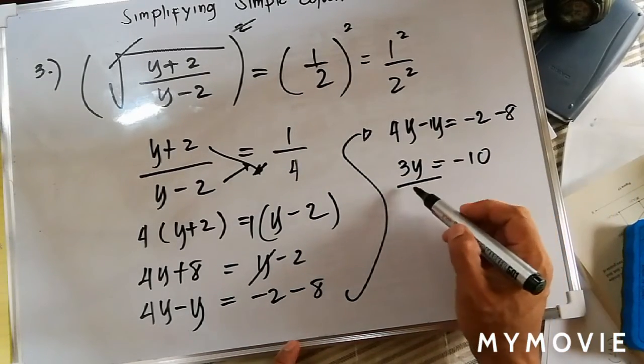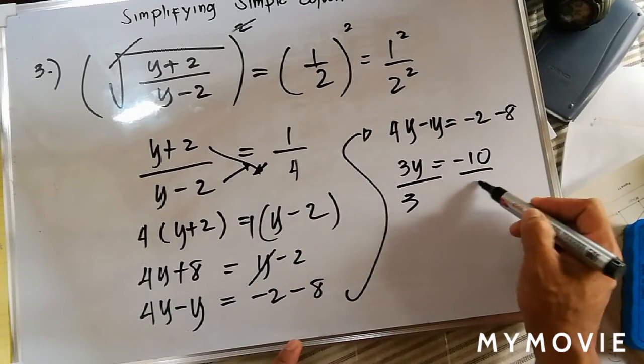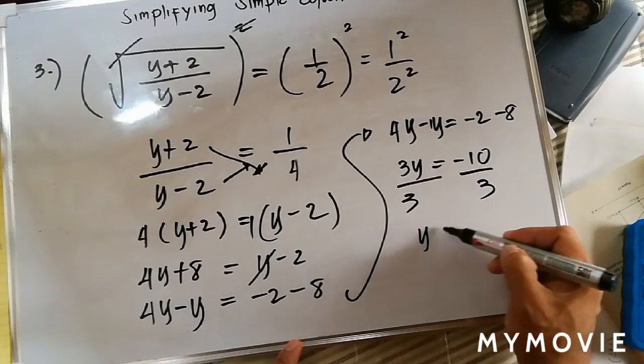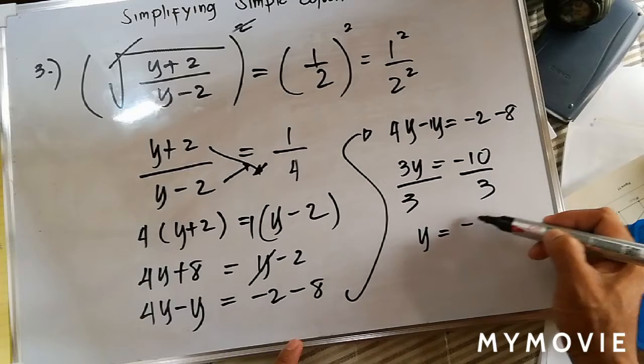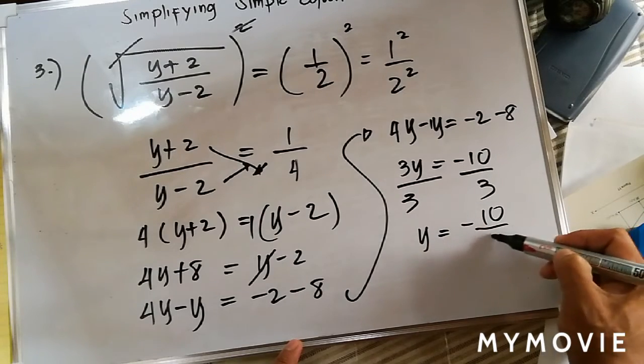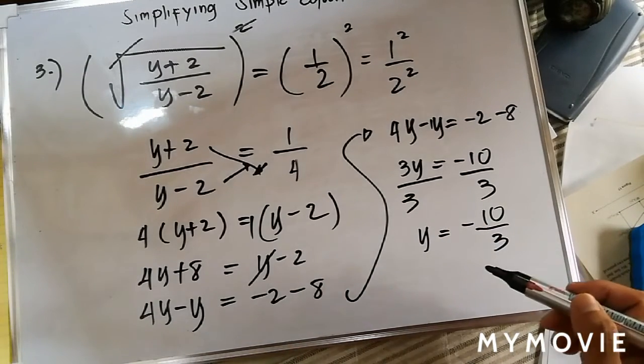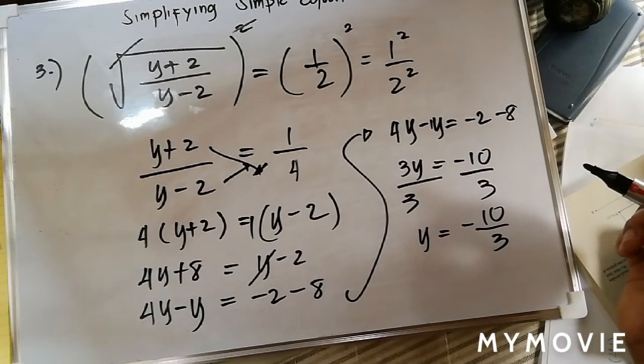Then by simplifying, we divide by 3. So y is equal to negative 10 over 3. That's the correct answer.